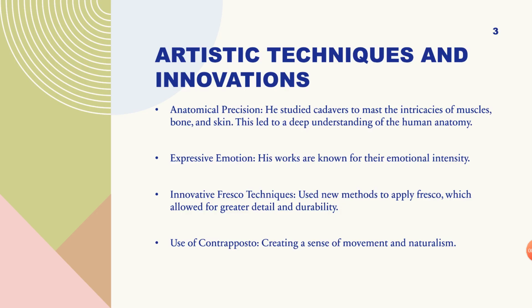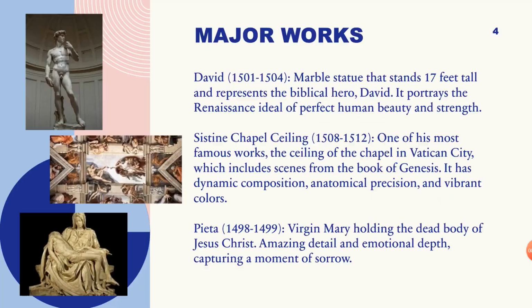Anyway, that means he created a sense of movement and naturalism in his pieces that weren't really seen before. For example, he would put figures with all their weight on one leg, looking like they're moving or walking or running.